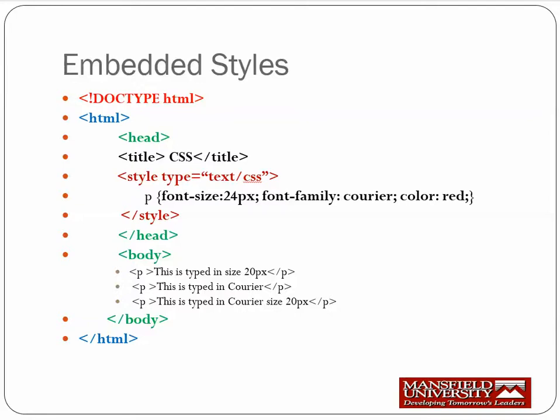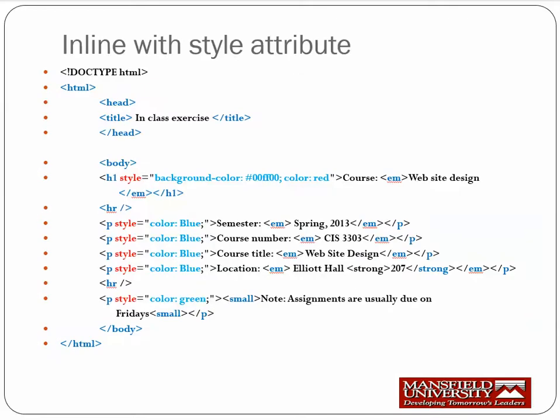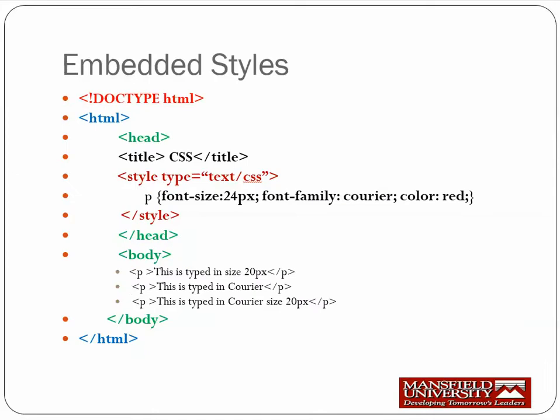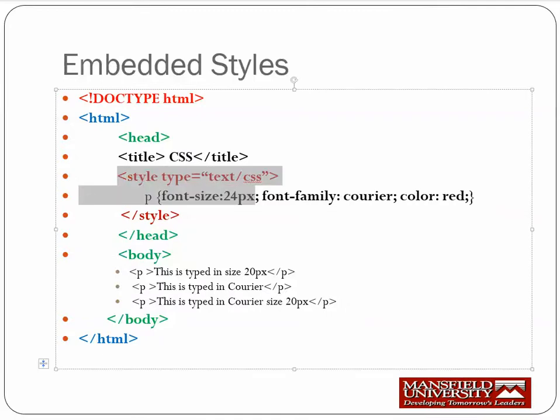CSS will put the code in the head section here. Remember, with inline we put the code within the tag, but with CSS we put the style code in the head section, from here to here. Inside, we use the style tag, type equal to text/css.